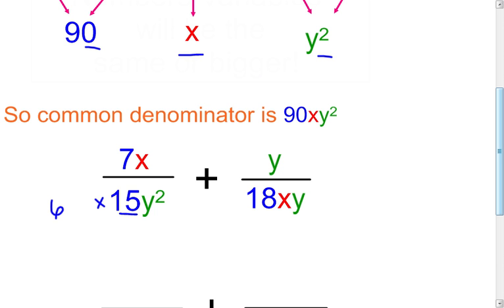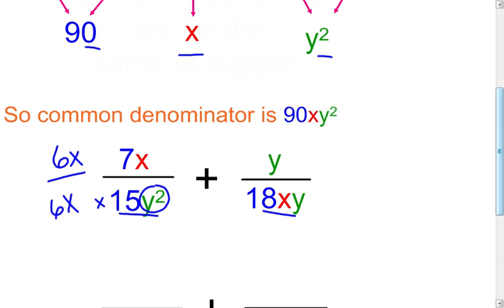And then notice the left side is missing an x. This one has an x, so I don't need to do it, but the left side is missing an x, and this one already has two y's, or y squared. So I just need to multiply that left side by 6x, and when I take 6 times 15, of course I will get 90, and then x, and then y squared. If I do that to the bottom, I need to do that to the top as well.